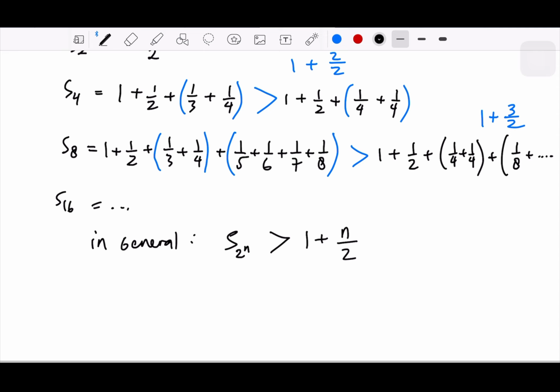So it's greater than 1 plus n/2, which means that as the s to the power of n is approaching infinity, then the n will also be getting to infinity. And so this series is divergent.